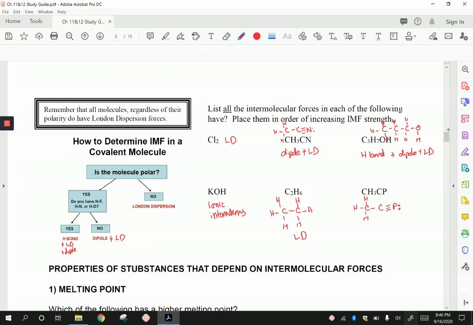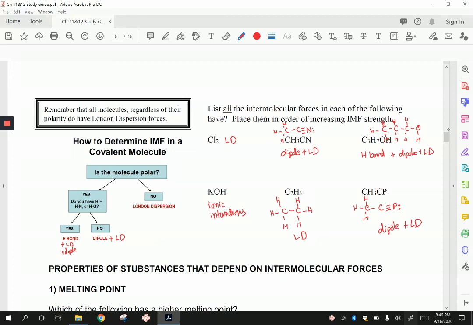You ask yourself, ionic or covalent? It's covalent. Is it polar? Yes. Does it have HF, HN, or HO? No. So it has dipole and LD. Okay, so we figured out what type of intermolecular forces it has.